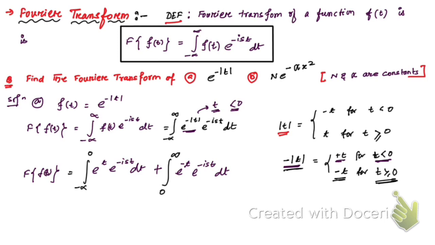So now let me integrate. What we can do now, minus infinity to 0 e to the power t minus ist, that's what we have got.